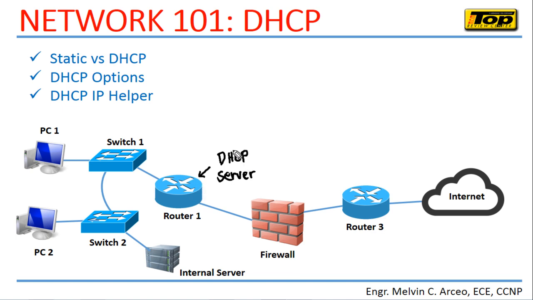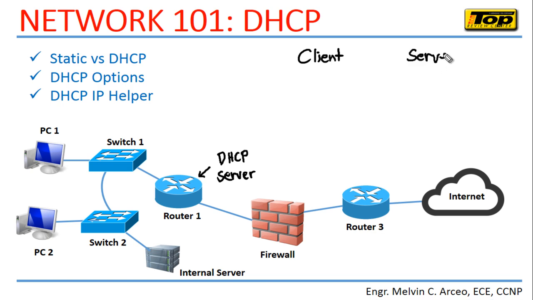Now, ang DHCP configuration has two roles. Ito na nga yung isang server. Siya yung nagpo-provide. At sino yung nangangailangan ng IP address? Ang nangangailangan ng IP address, of course, is what we call the client. Okay, so we have a client and we have the server.